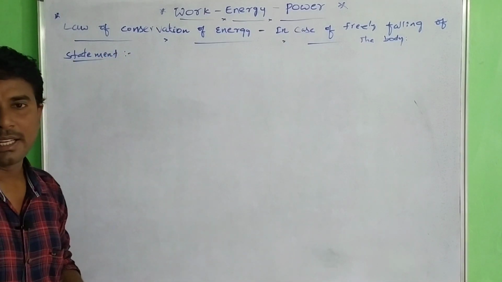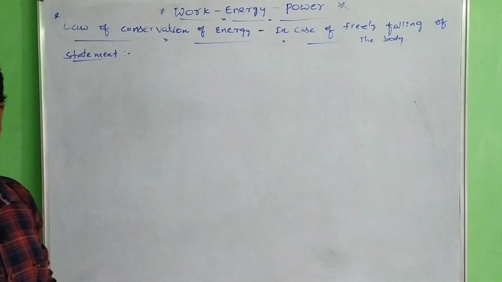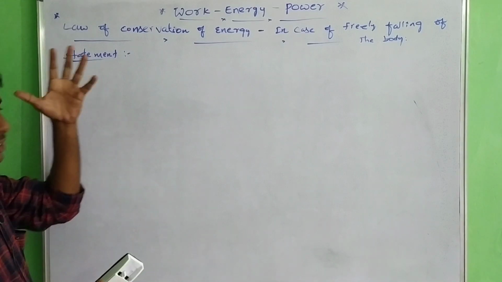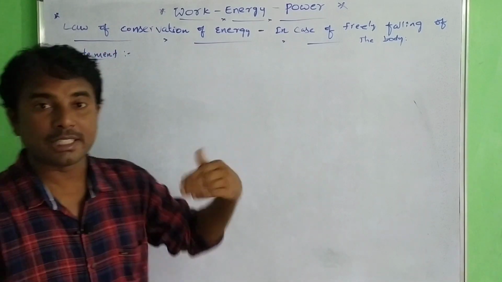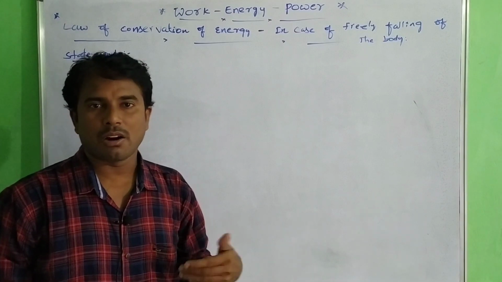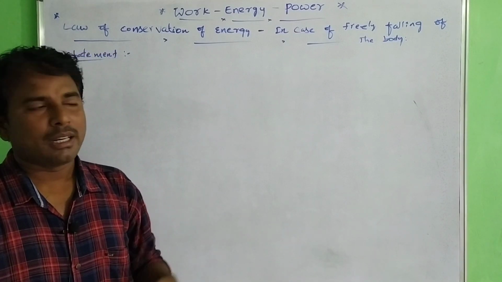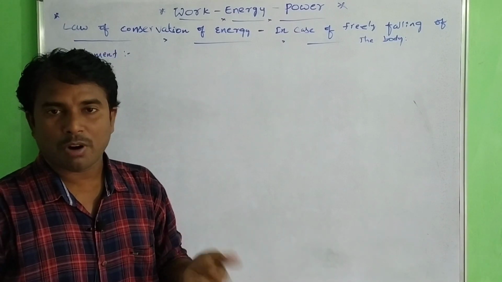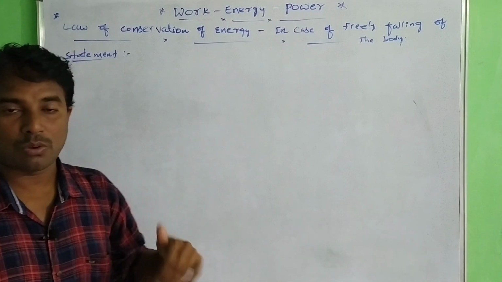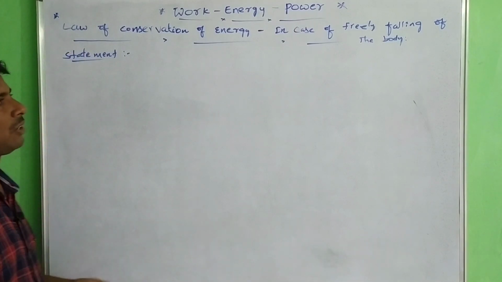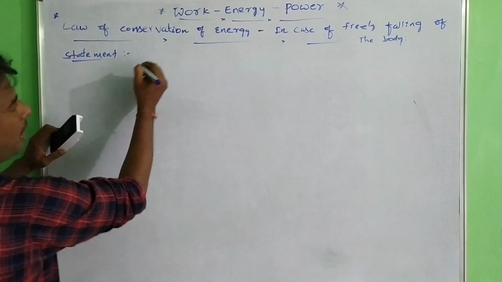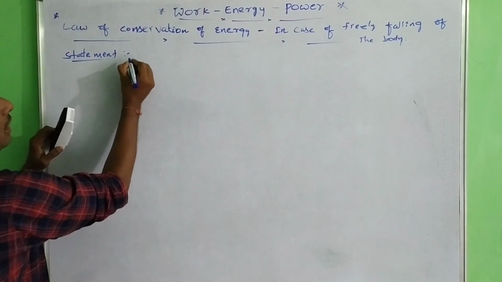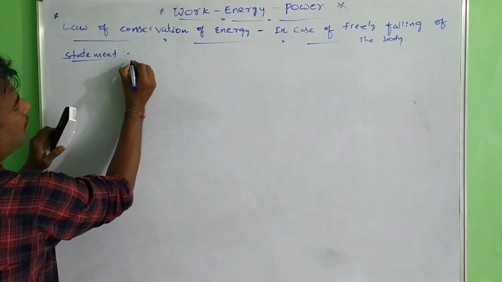The main point: energy can neither be created nor be destroyed. It can be transformed from one form to another form, but the total mechanical energy remains constant. Here mechanical energy is the sum of potential energy and kinetic energy.